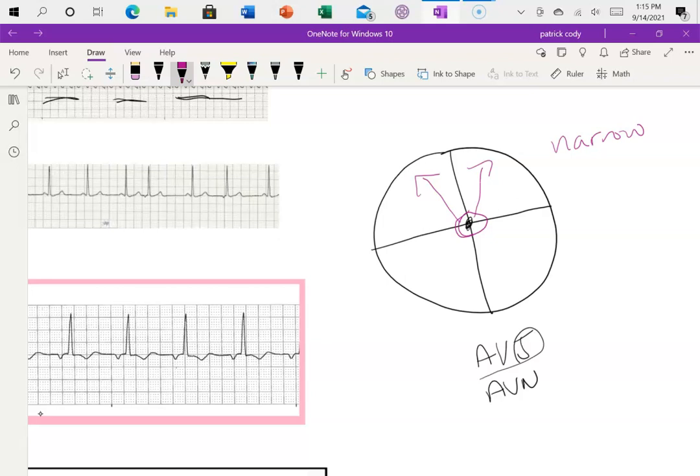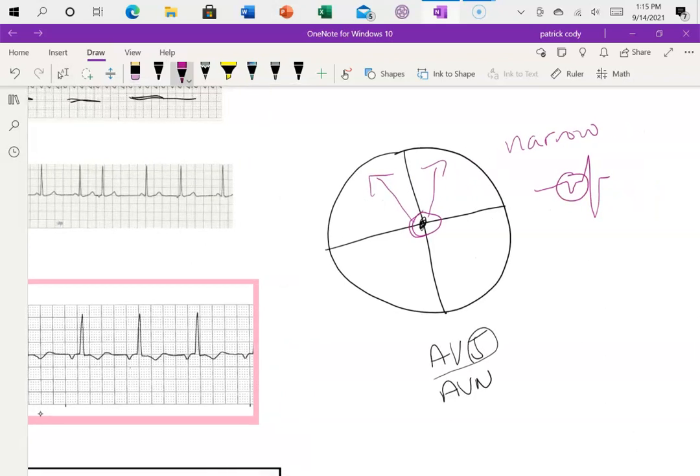I'm either going to see an inverted P wave, such as this, or I may even see a retrograde P wave, where instead of having the P wave in the normal location, I may see the P wave here coming on my T wave. And I'll show you some examples of that.